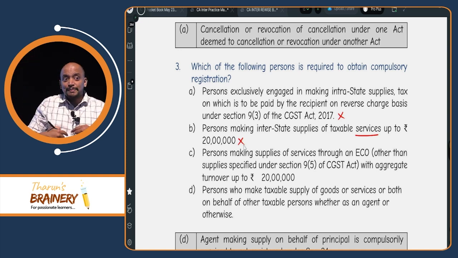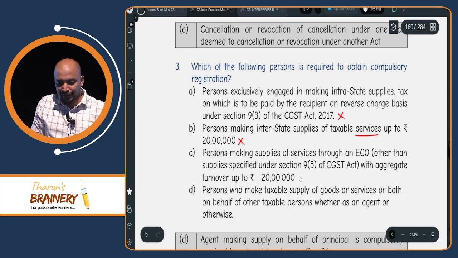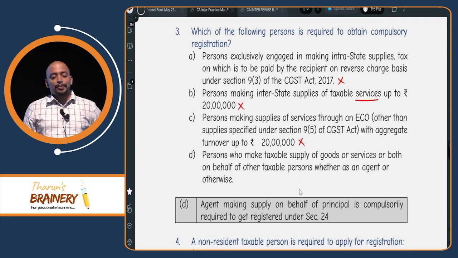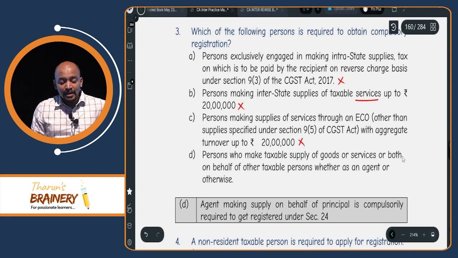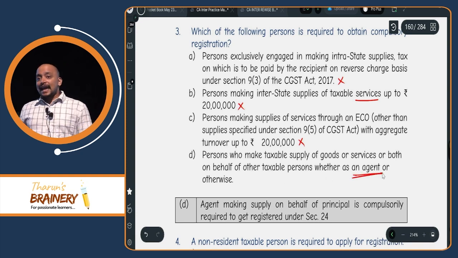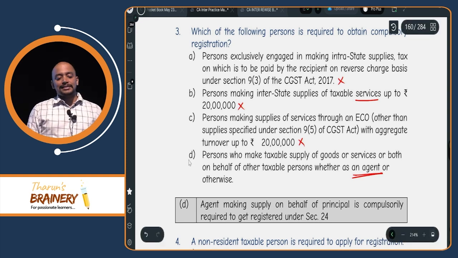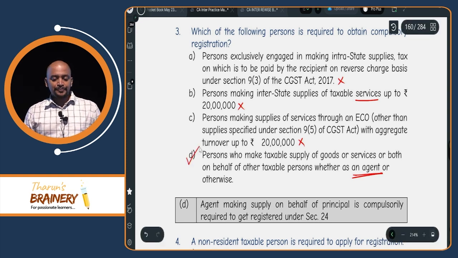But a person who is making supply of services through an e-commerce operator is not compulsorily required to get registered. Person who makes taxable supply of goods or services or both on behalf of another person as an agent. Agent making supply on behalf of principal is compulsorily required to get registered.